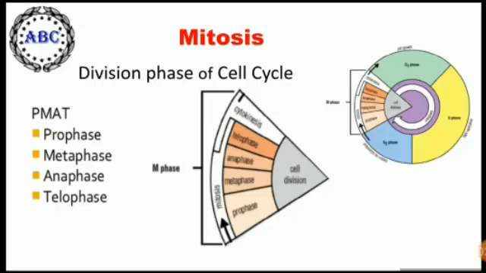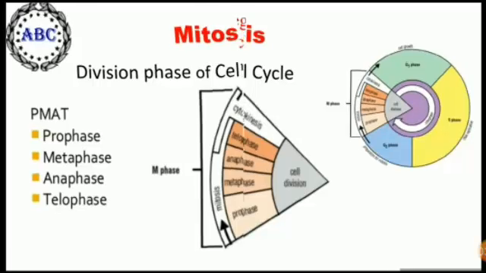Those stages are prophase, meaning early, metaphase, the middle figure, anaphase, the up and down figure, and telophase, the final figure. These four phases are nothing but the division phase of the cell cycle after completion of interphase.